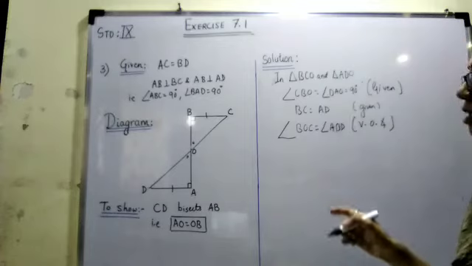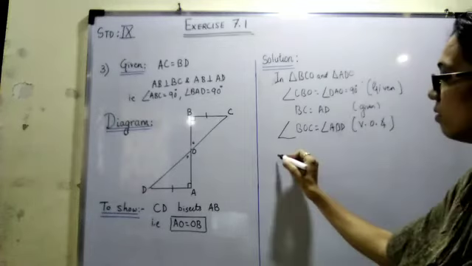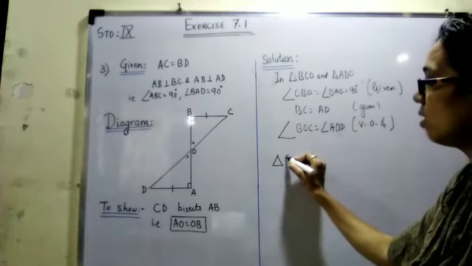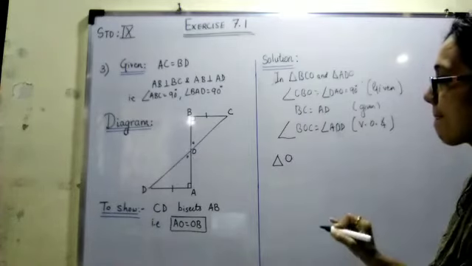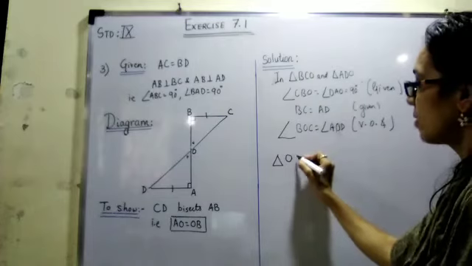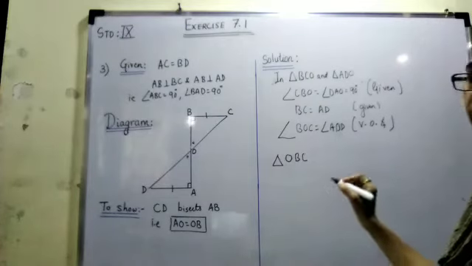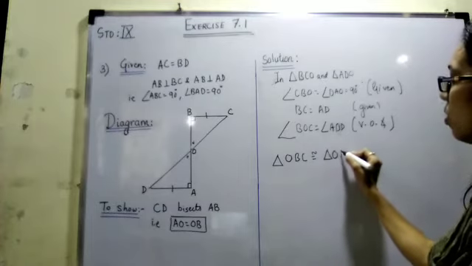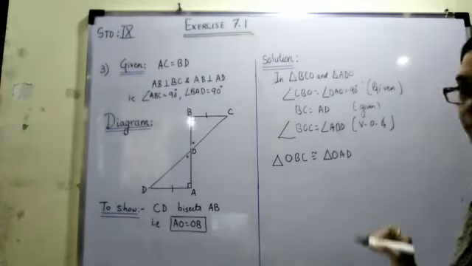So from these three, what can we write down? We can write down that triangle OBC is congruent to triangle OAD.